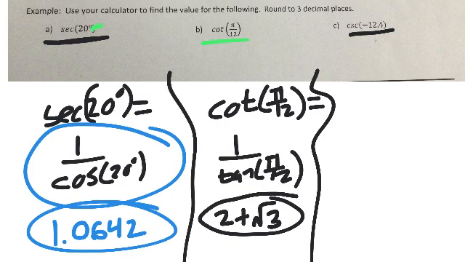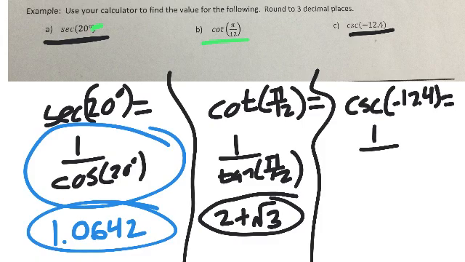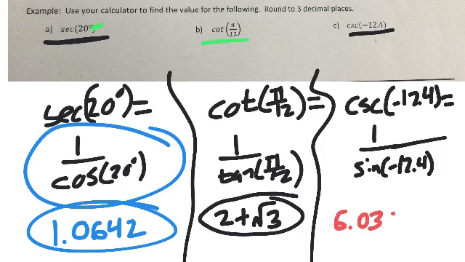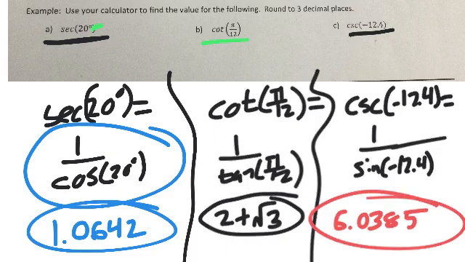Radians don't always have to have pi. So we make sure we're still in radians. I know that cosecant of negative 12.4 is going to be equal to 1 over sine of negative 12.4. And then when I put that in my calculator, I get, what'd you get? 6.0385. Beautiful.